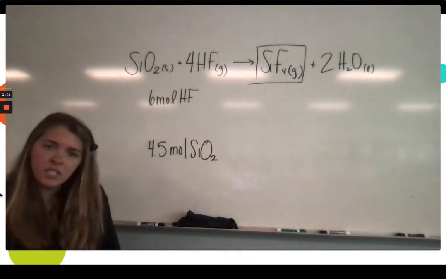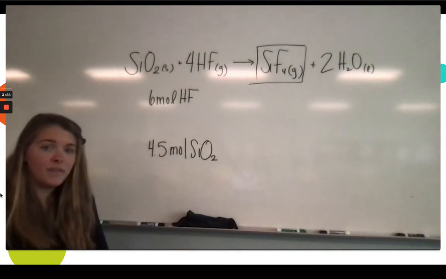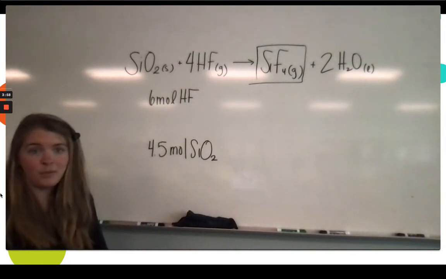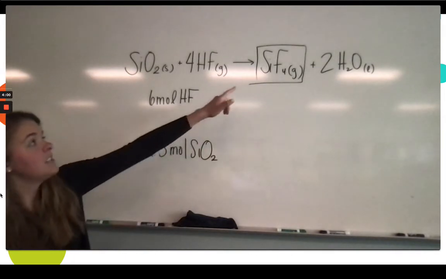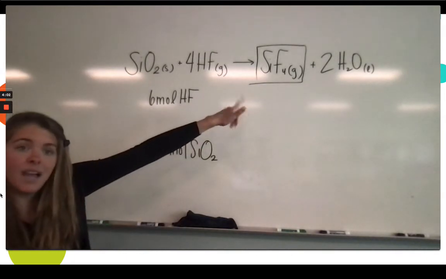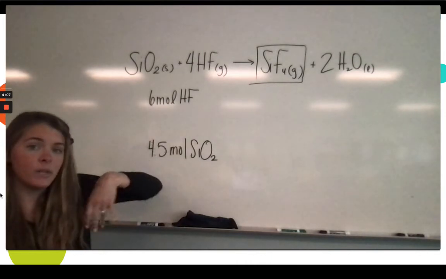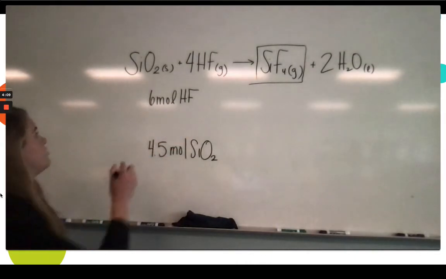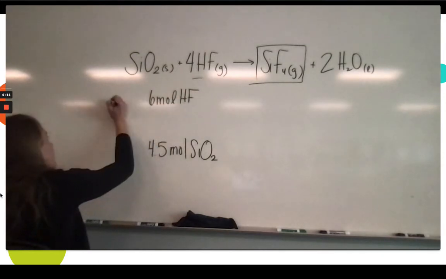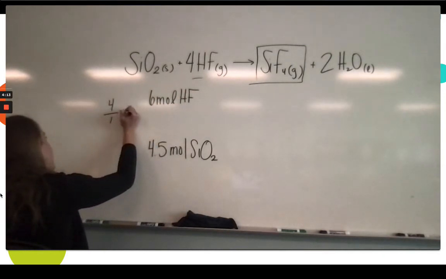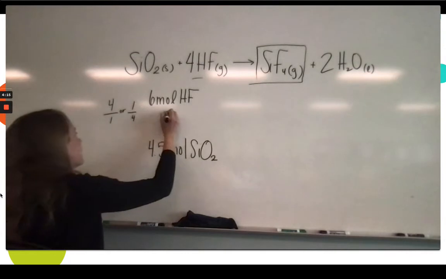So what we need to do in this situation is convert both of these in a mole-to-mole problem. So we need to turn the moles of HF into moles of SiF4 to see how many moles of SiF4 we can create. To do this, we need to know our mole ratio, and our mole ratio between HF and SiF4 is 4:1 or 1:4.